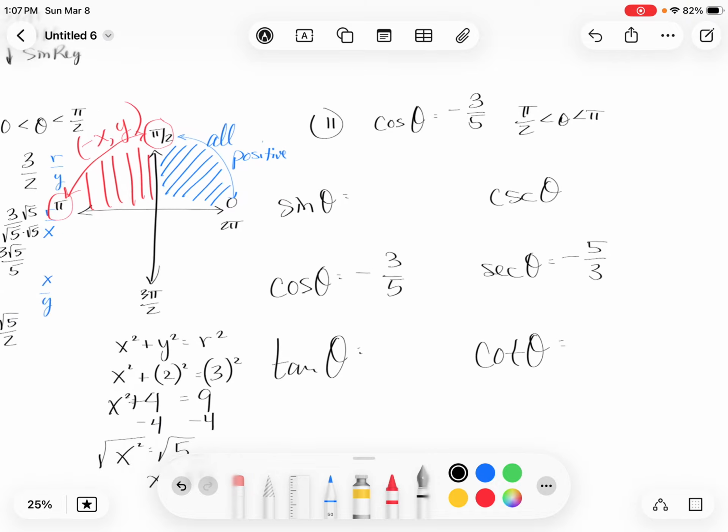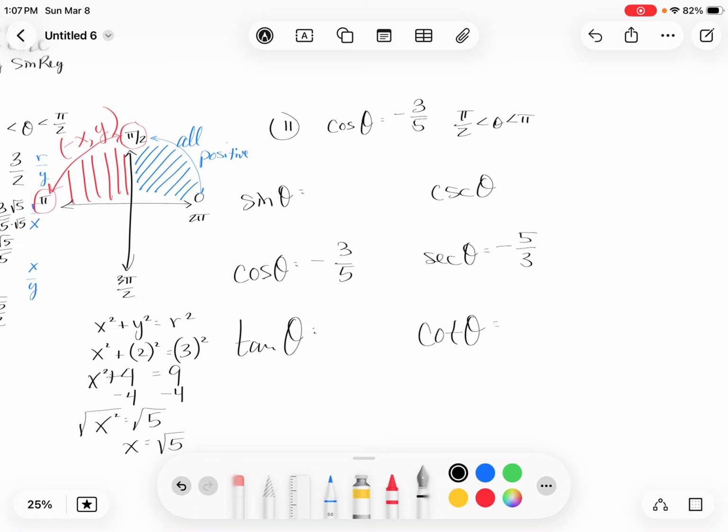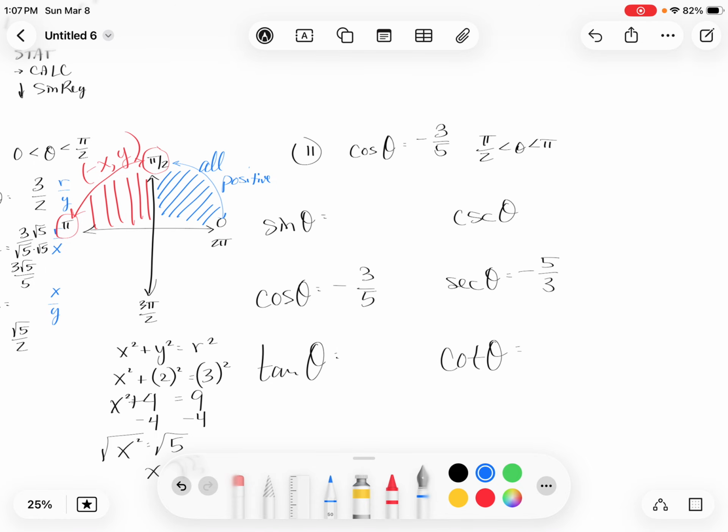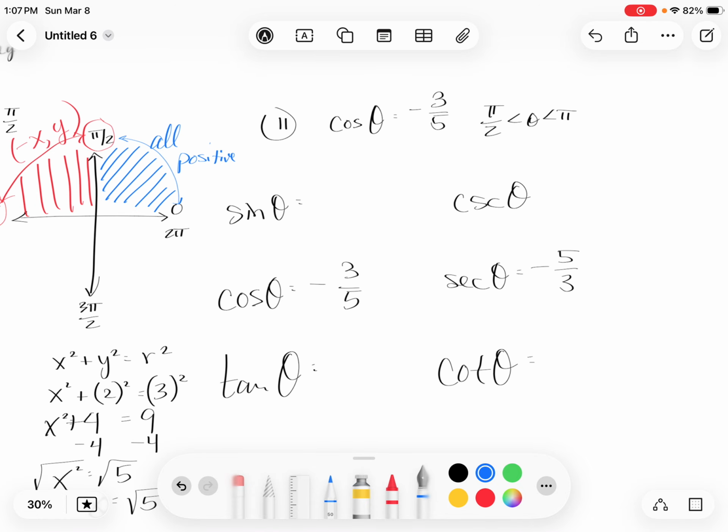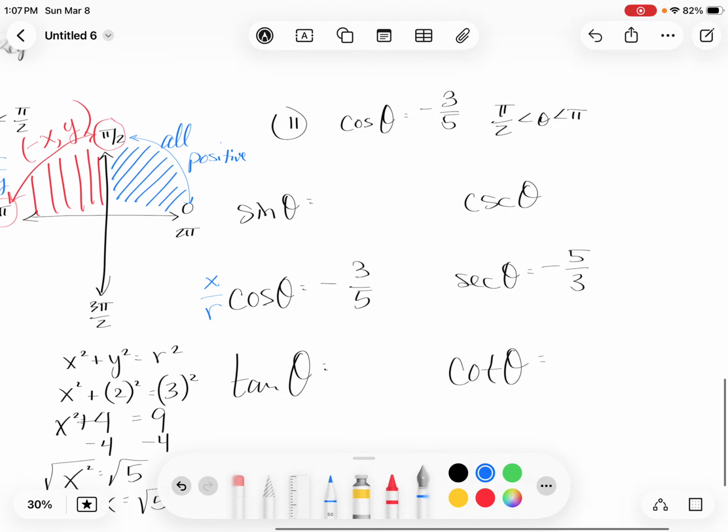So, the way this one's going to work is, remember, cosine was x over r. The r I just said is going to be positive regardless because it has to be a diagonal distance that's always positive. And according to what I'm circling in that top left-hand corner, the x is negative, which means this negative goes with the 3.